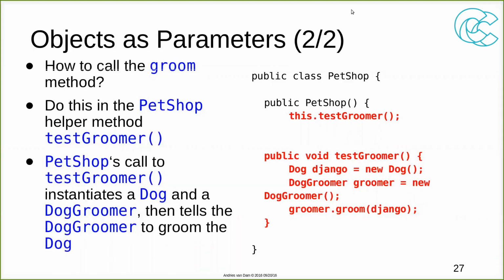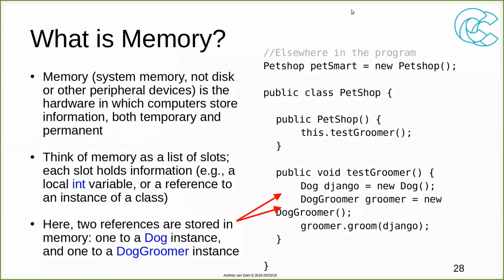Okay, so let us talk about these memory locations. When we say memory, we mean the RAM, not the permanent space like the hard disk or your USB devices, but the system memory, which is the RAM, a temporary memory.